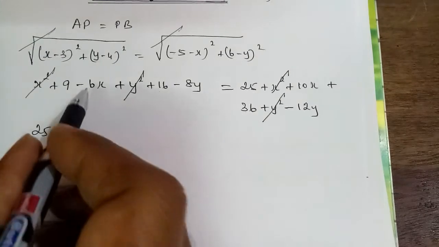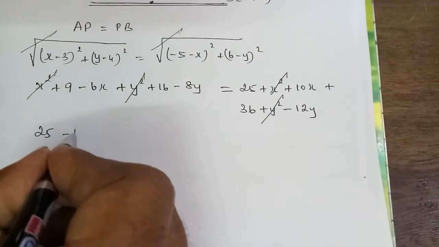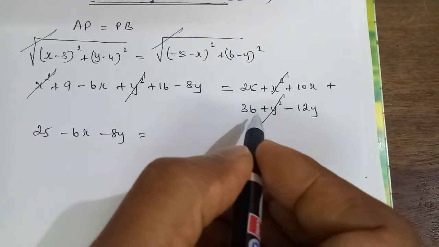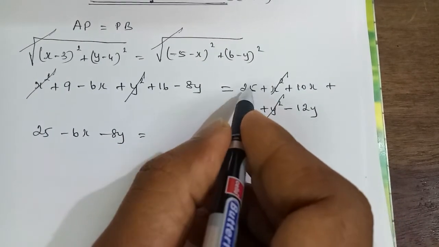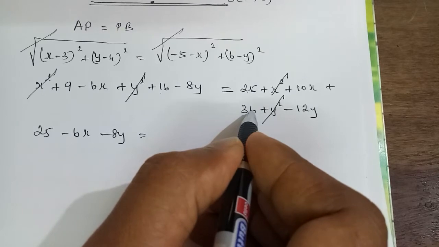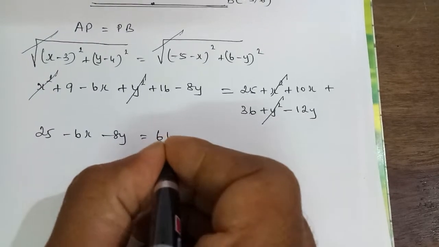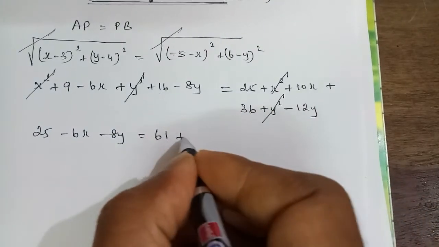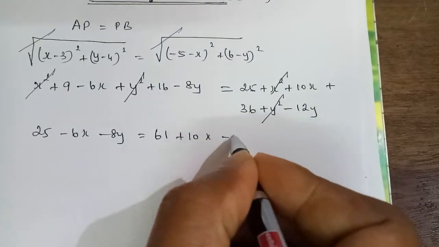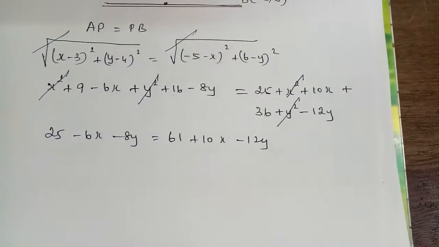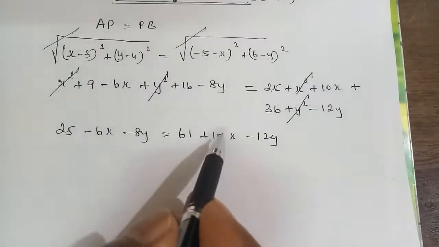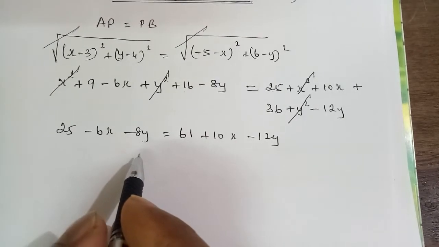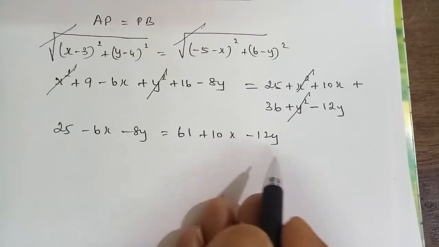So we have next minus 6x minus 8y, that is equal to 25 plus 36, which is 61. Next we have plus 10x minus 12y. I'll take the 10x to the left hand side, variables to one side.